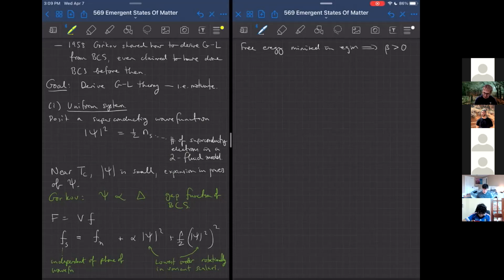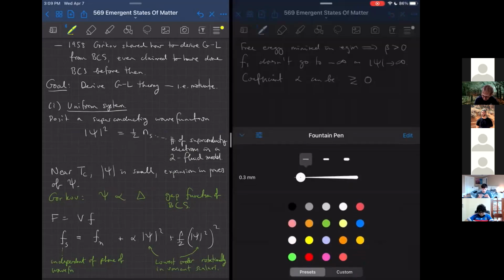So we need beta to be positive, so that Fs doesn't go to minus infinity as psi goes to infinity. So we want to restrict that kind of solution. So the coefficient alpha can be any sign you like. So it can be greater than 0 or less than 0. So let's draw what the free energy will look like.